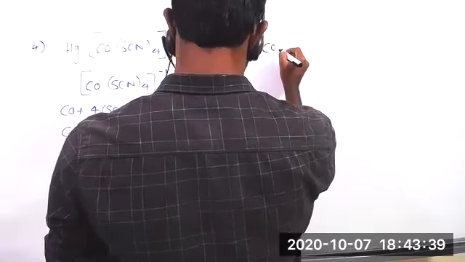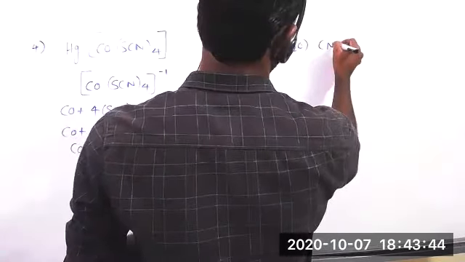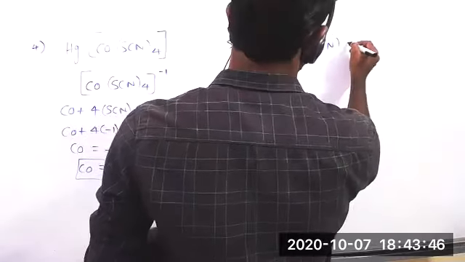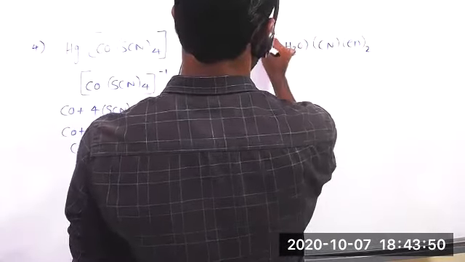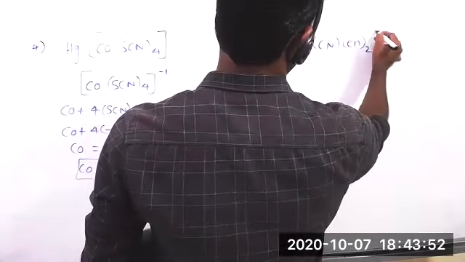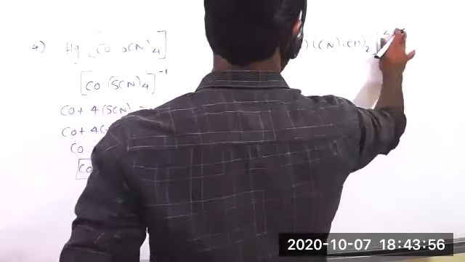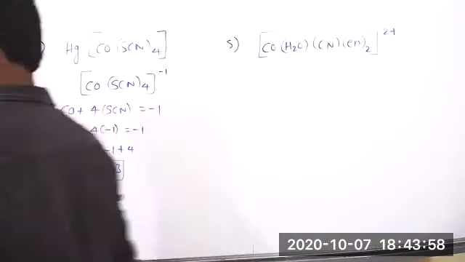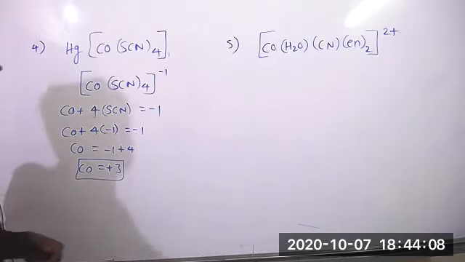Co, H2O, CN, and ethylene diamine twice, with charge 2 plus. Question 2. Likita? Yes, sir. Yeah, tell me.